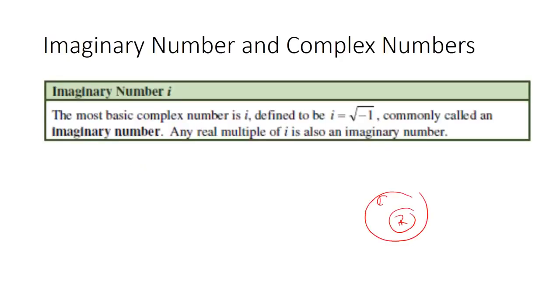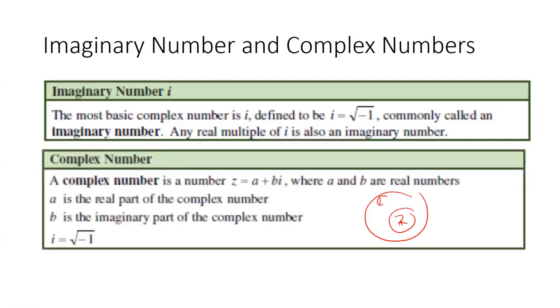So first, we're going to define the imaginary number. The most basic complex number is i, and that is defined to be the square root of -1. This is commonly called an imaginary number. Don't think of imaginary number as made up. It's not made up.